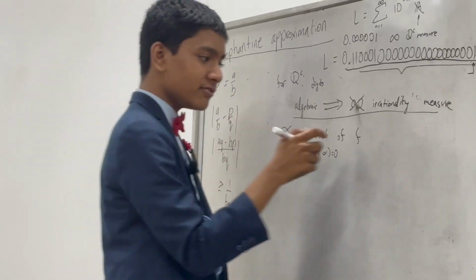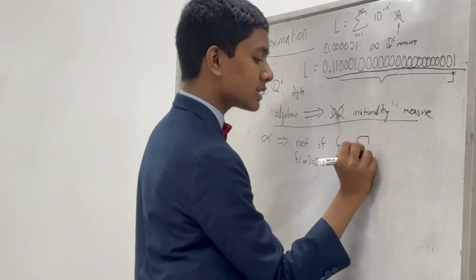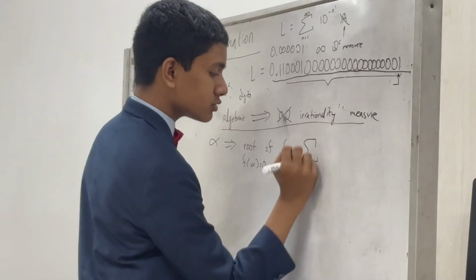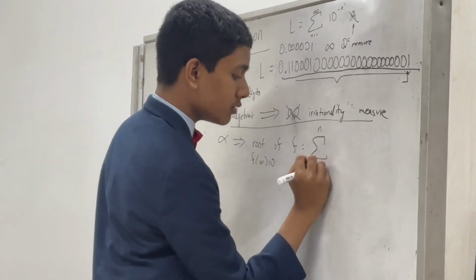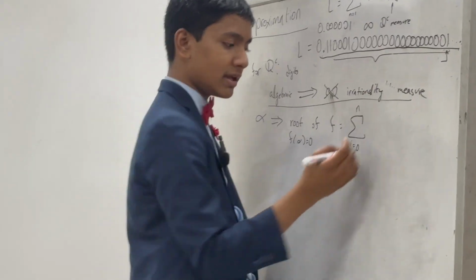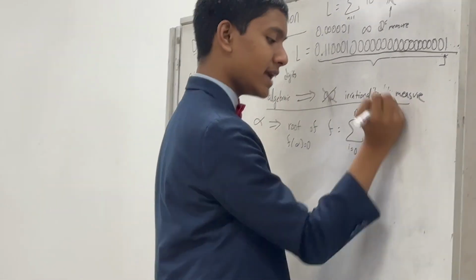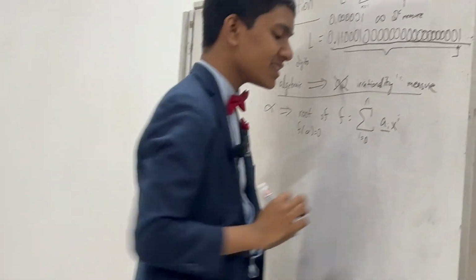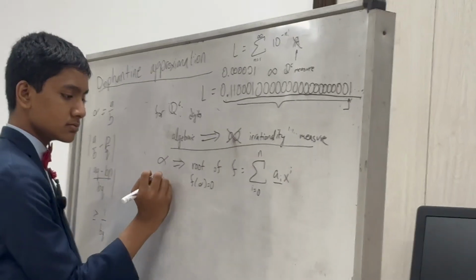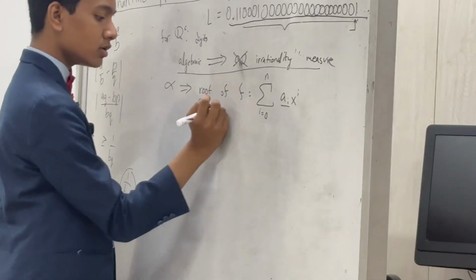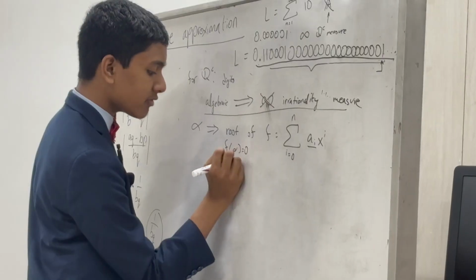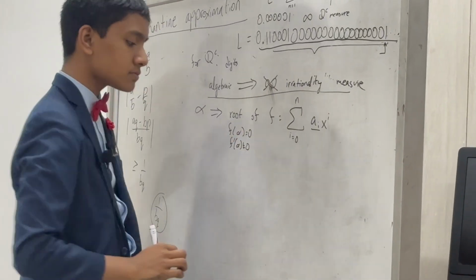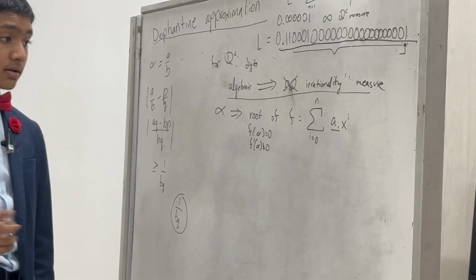And since f is a polynomial, we can write f as some sum from i equals 0 to n, if it's a degree n polynomial, of a_i, the ith coefficient, times x to the i. So, since it's the minimal polynomial, we also know that f prime of alpha is not equal to 0. That's going to be important later.